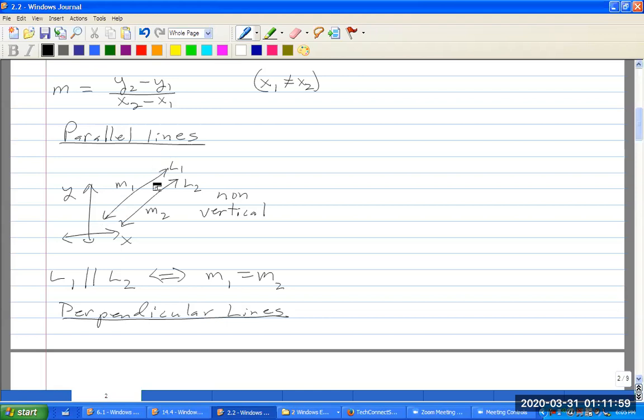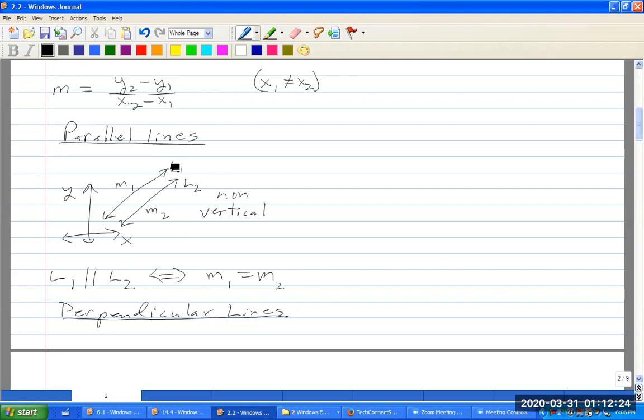So suppose I have two lines in the plane such that neither line intersects. And suppose that I do this relative to some coordinate system, and that neither of these lines are vertical. Then both of these lines have slopes, say m1 and m2.